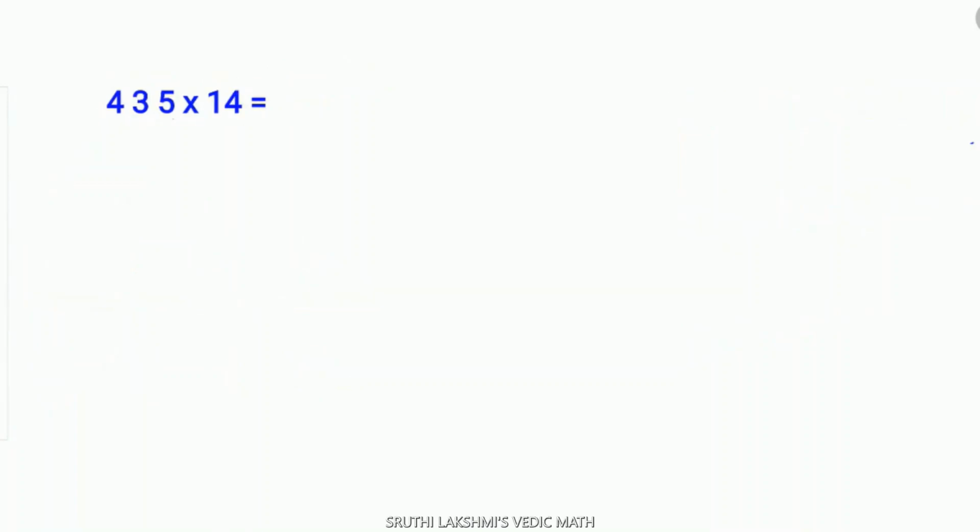Okay, let's try another example. 435 times 14. First, write down the first digit 4 as it is. Next, multiply 4 with 4. Why multiply 4 with 4? Because 14 has a 4, so we take that 4.